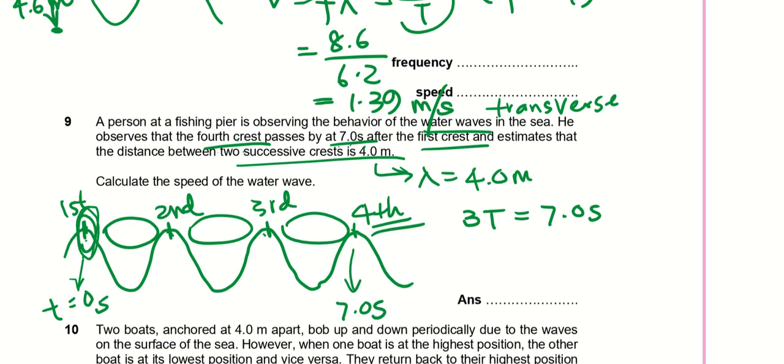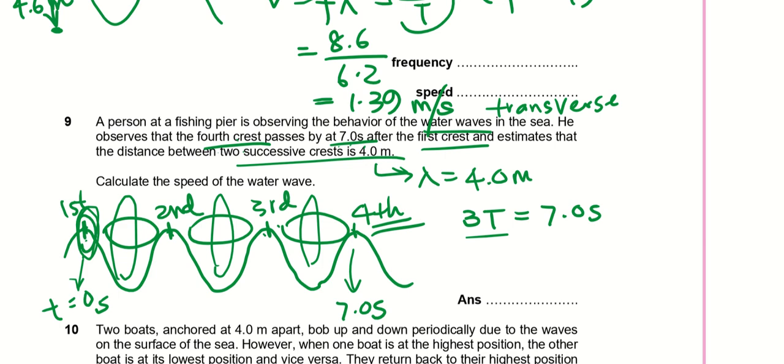Is it that there are 4 periods? No, because there is 1 period between the first and second, between second and third, between third and fourth. So basically there are 3 periods. Alright, so this is the difficult part about this question.